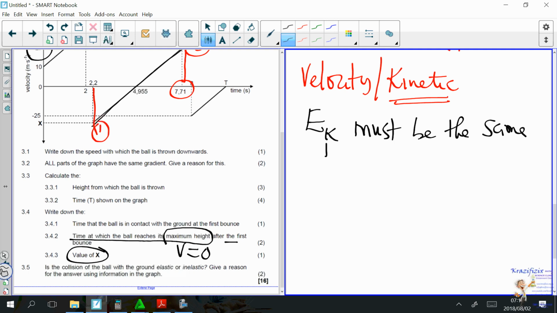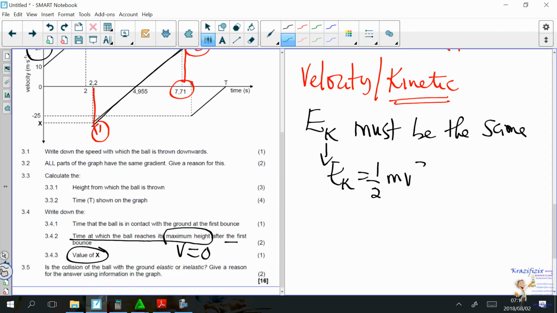If we say kinetic energy, remember the formula, EK equals what? Half mv squared. For this to be the same, this must be the same. But what do we notice when it hits the ground? All right, look at this question here. It hits the ground. Let me go back to the graph quickly. I just wanted to see.